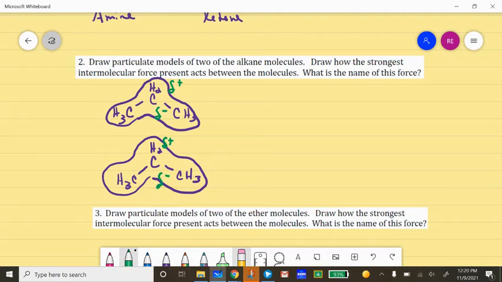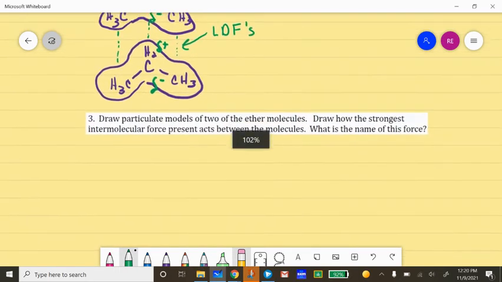So it's this instantaneous shift of electrons that's going to cause attractive forces between these instantaneous dipoles, and that's going to be our London dispersion forces, or LDFs. That's probably the best way to show this.